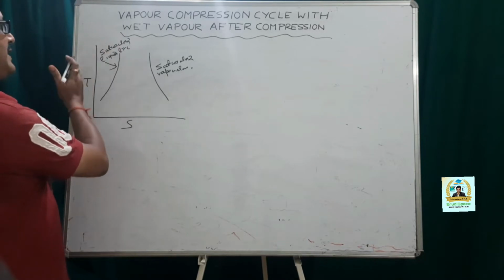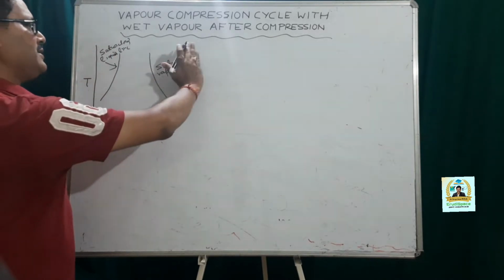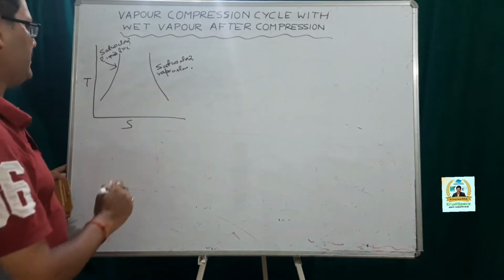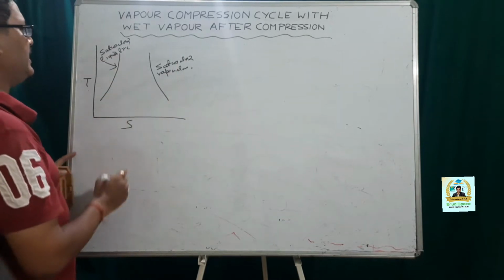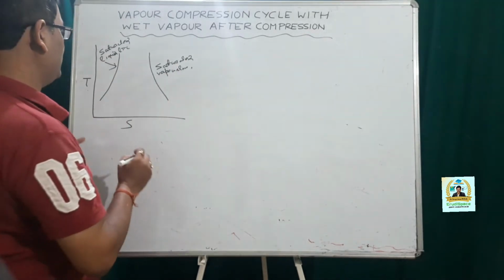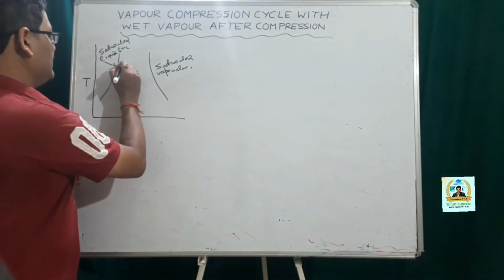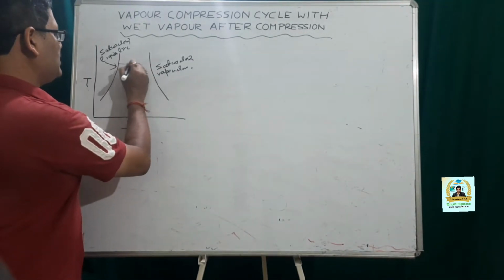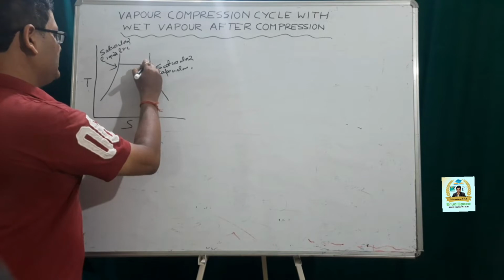Before this line it is all liquid and after this line it is all vapor, and in between it is a combination of liquid and vapor. So now I will draw the TS diagram.